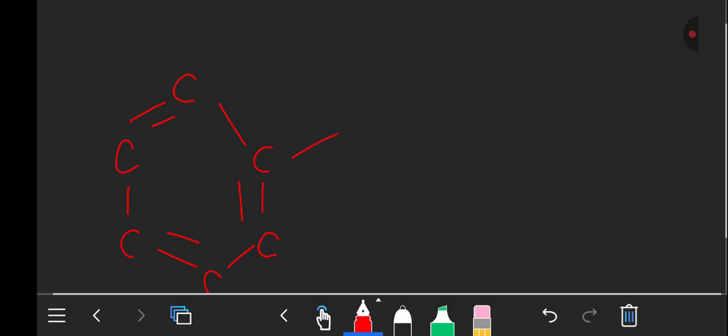So we have nitrogen there, this nitrogen has hydrogen there, then there is carbon, this carbon has another carbon there, then there's a double bond with oxygen there. So this is the compound.